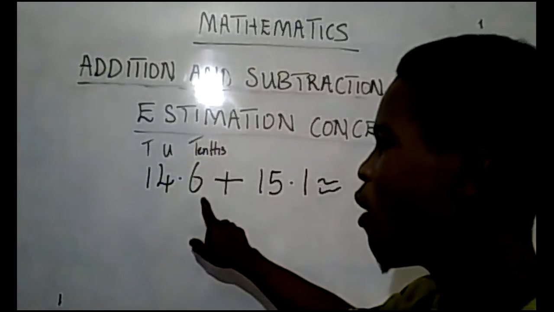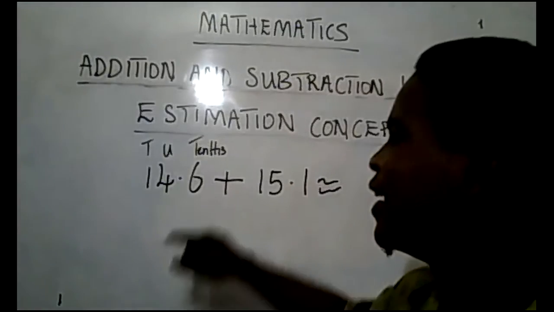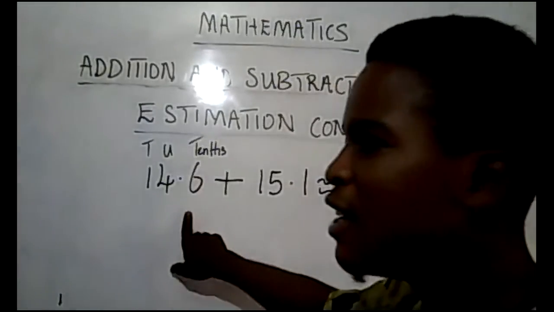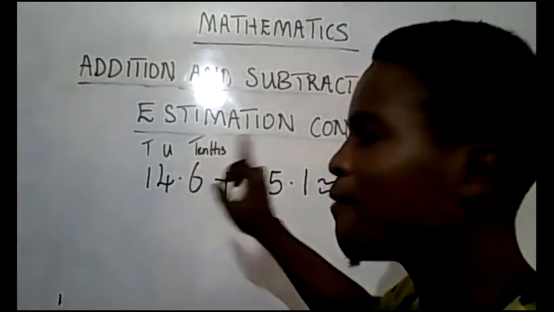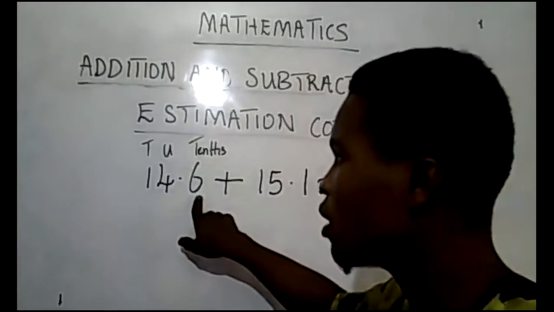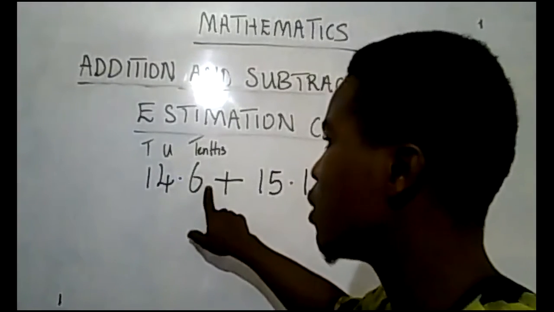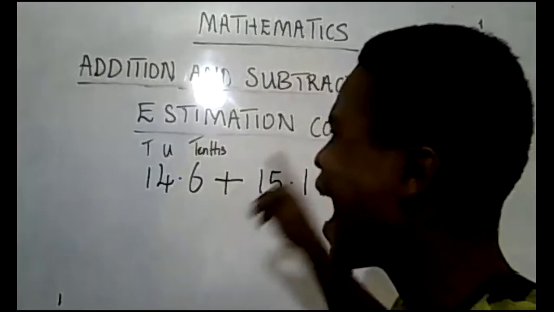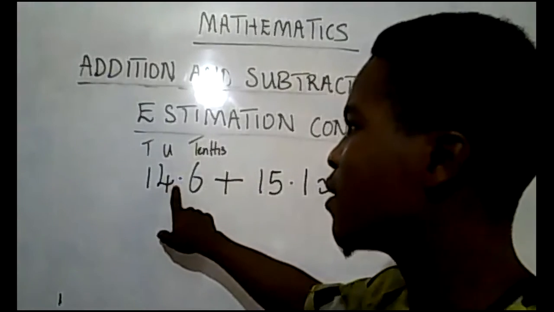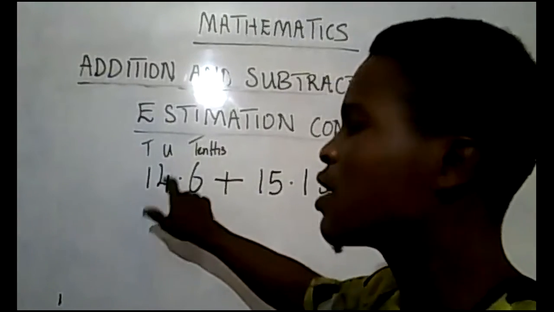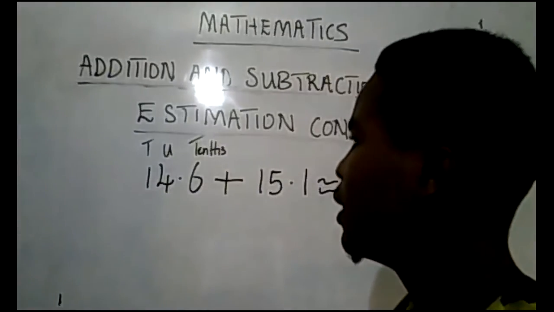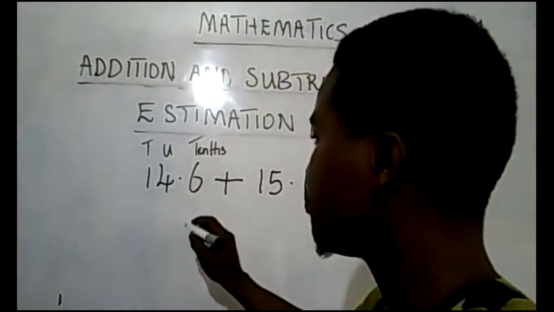If the number or figure or digit in the 10th place is up to 5 or bigger than 5, what you do is to change that number or figure or digit to 0 and add 1 to the digit or figure or number in the unit place. Now, this is what we are all talking about.